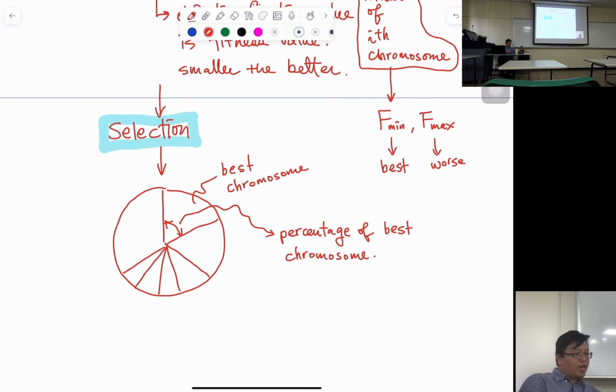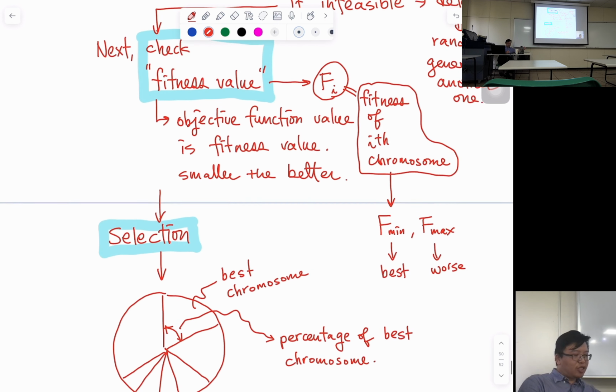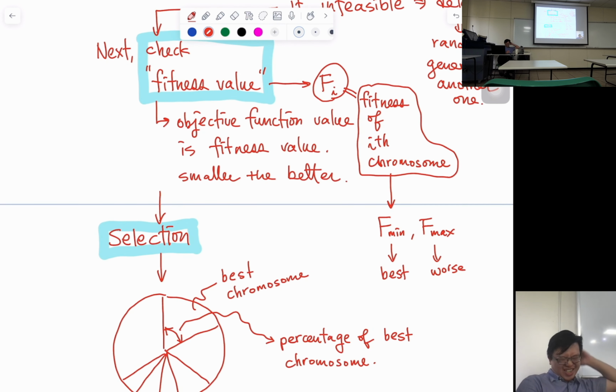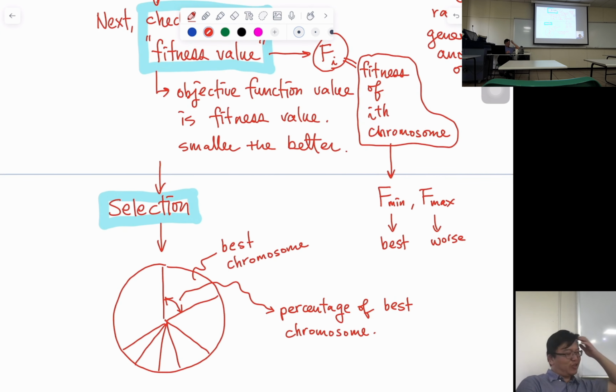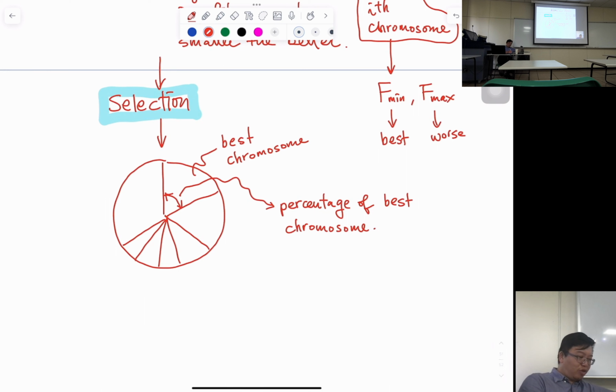Okay? So maybe what you can do is you can have a sum of them. But right now, smaller is better. So maybe if I use the inverse, it will be better. Okay, so maybe I will compute F max minus Fi. I will compute a value like this.